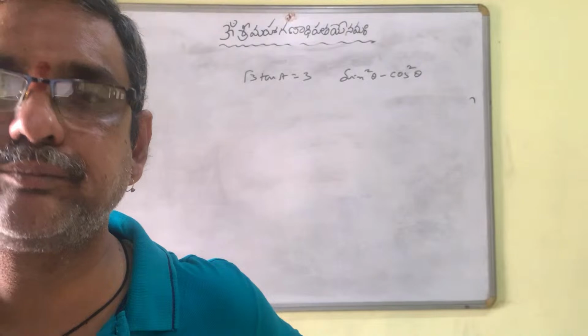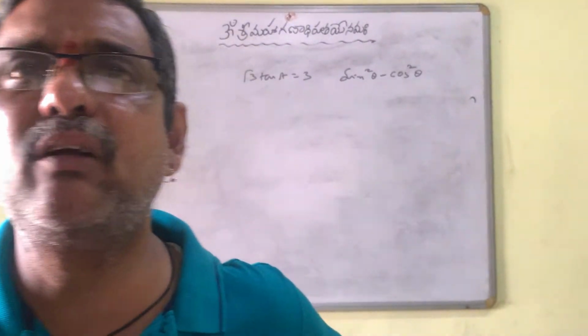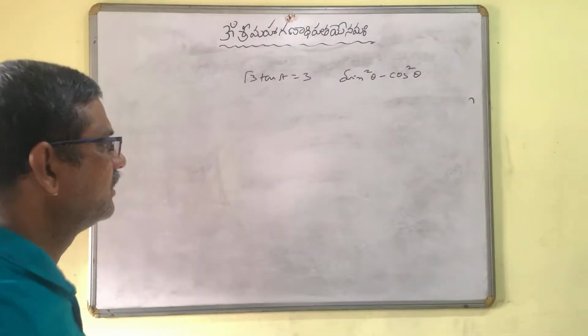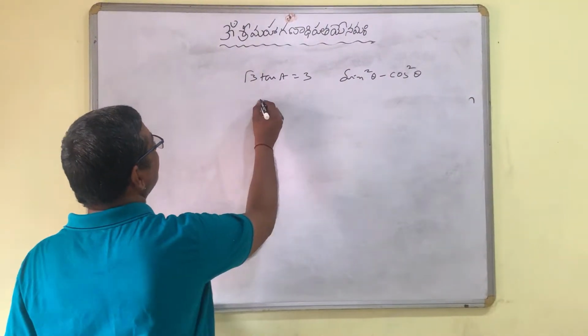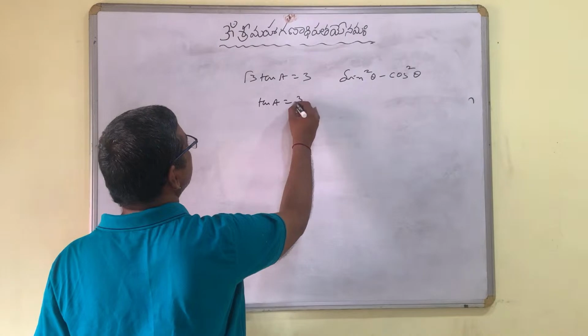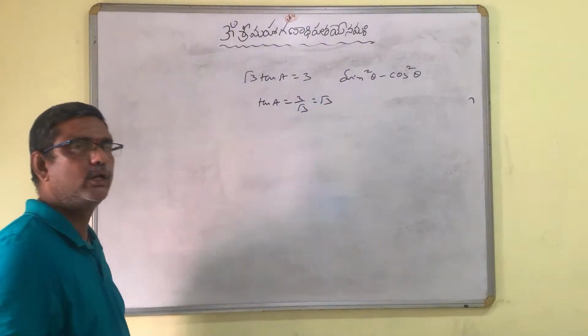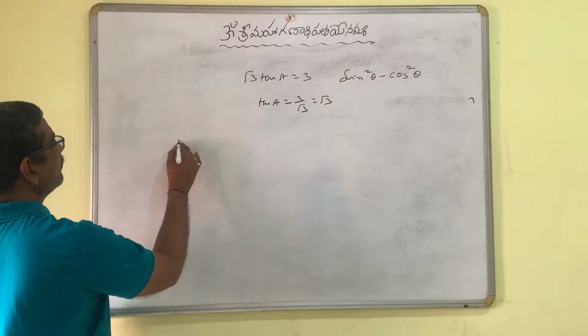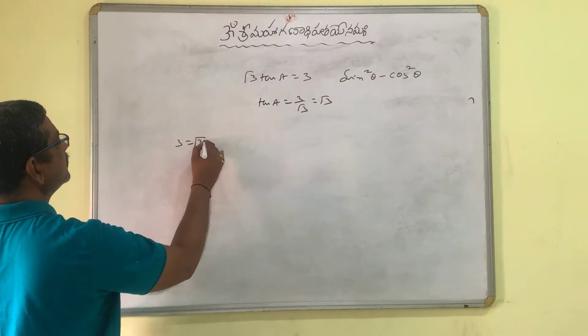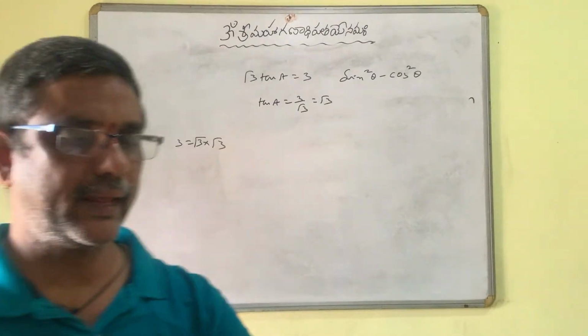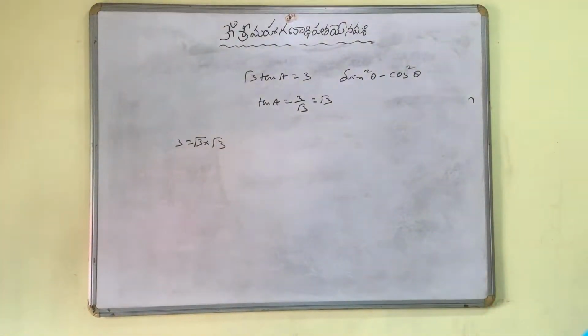ఓకే, ఇది కూడా ఏమిటేమిటో చేసేసారు. ఏమిటో ట్రయాంగిల్ వేసారు. ఎంత సింపుల్ చూడండి. tan A is 3/√3 which is nothing but √3. I told you in the morning, 3 we can write as √3 into √3.